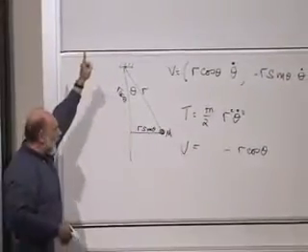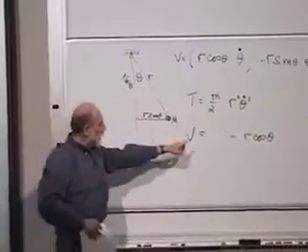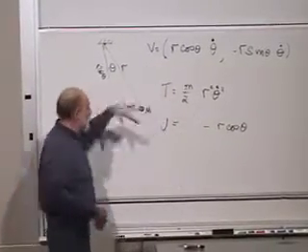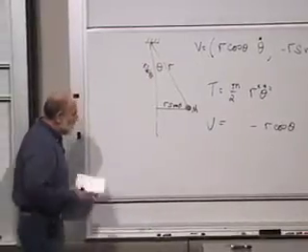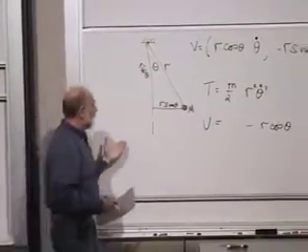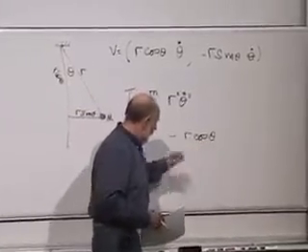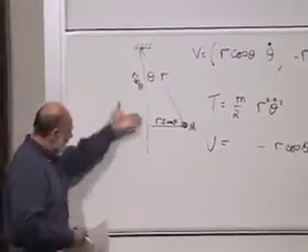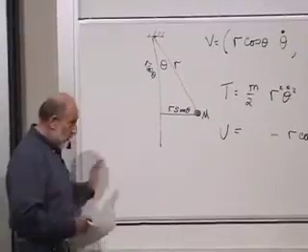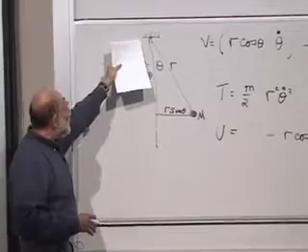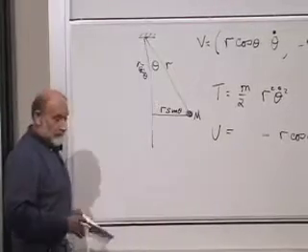When theta is pi, it's up on the top, then the height is plus r. So the minus sign is there to keep track of the fact that when theta is 0, the energy is minimum. It's down at the bottom. That's not U, that's just the height of the pendulum relative to the pivot.